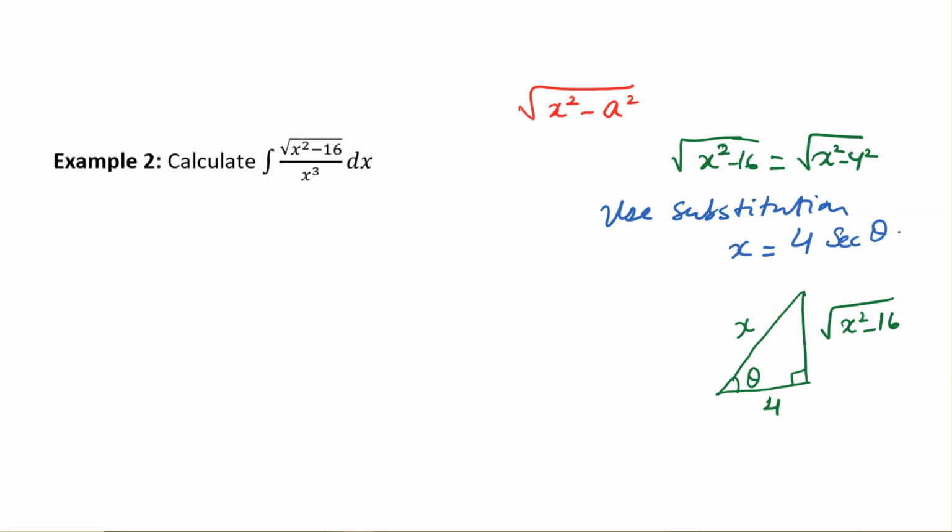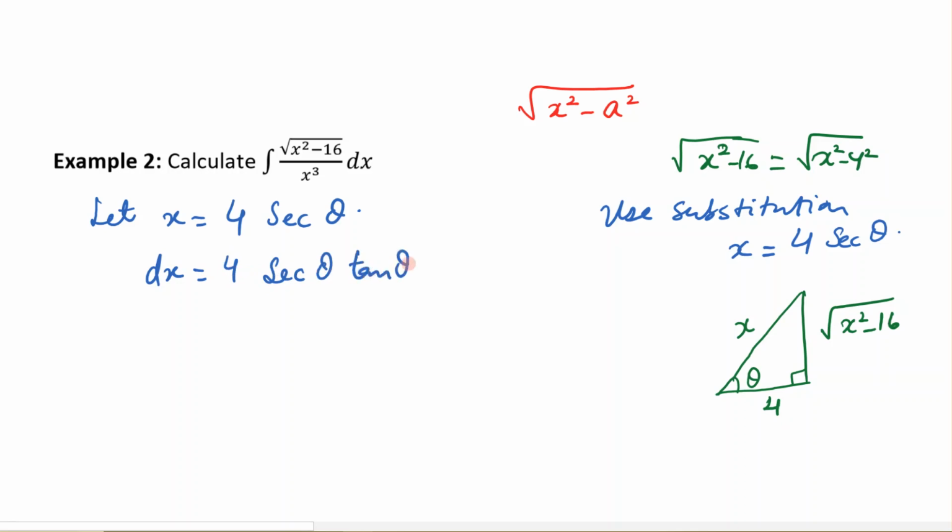So using our substitution, dx should be 4 secant theta tangent theta d theta, and also square root of x squared minus 16 should be equal to 4 tangent theta.